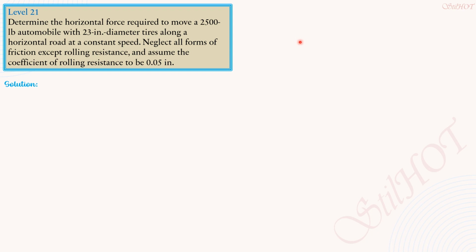So the principle is we simply sum up moments about point B. This is the established equation and this is the guide figure.